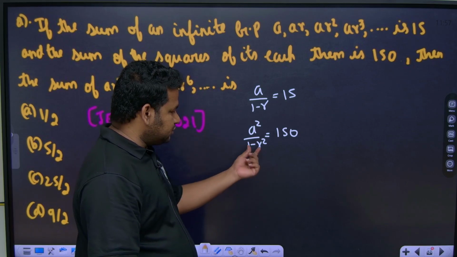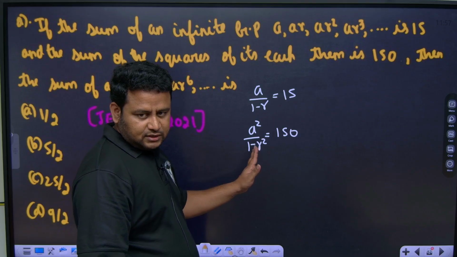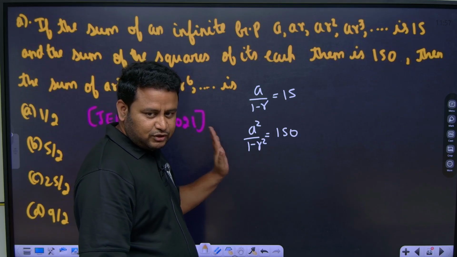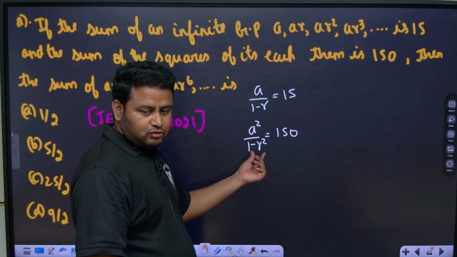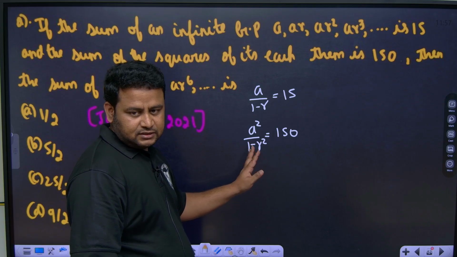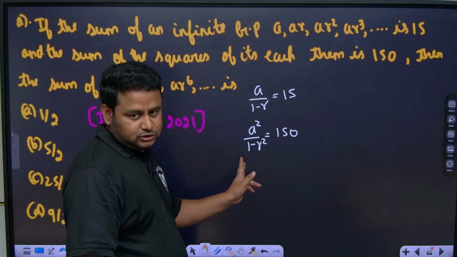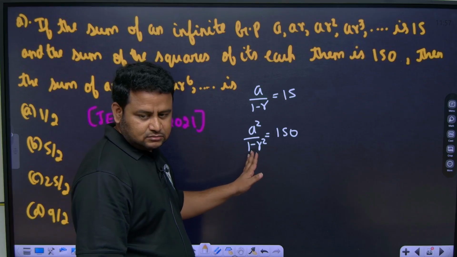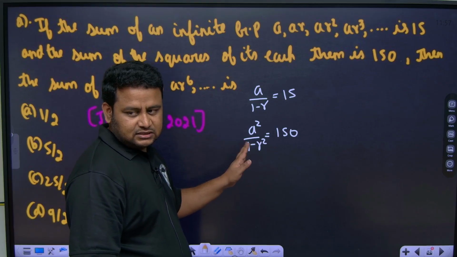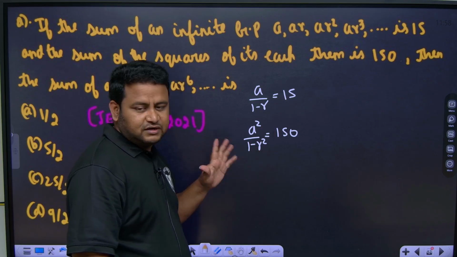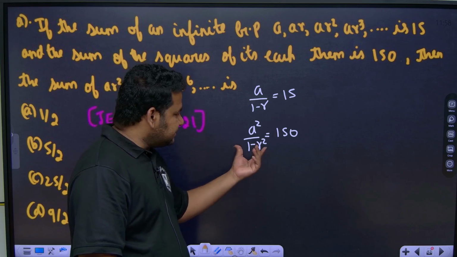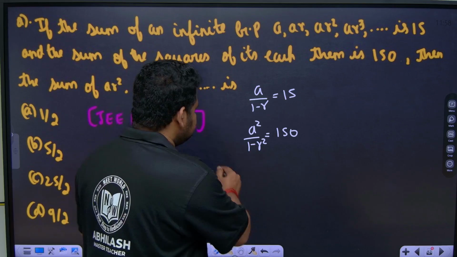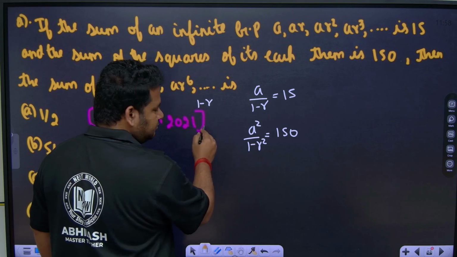Not the whole square. You should take the square only for r. That is the doubt you will have, I know. That's why I am telling you, you should take the square only for r. Be careful here. Don't take the whole square. It is 1 minus r square. The formula is directly like that. For the sum of the squares you have to take only that, because the entire thing is not squared.